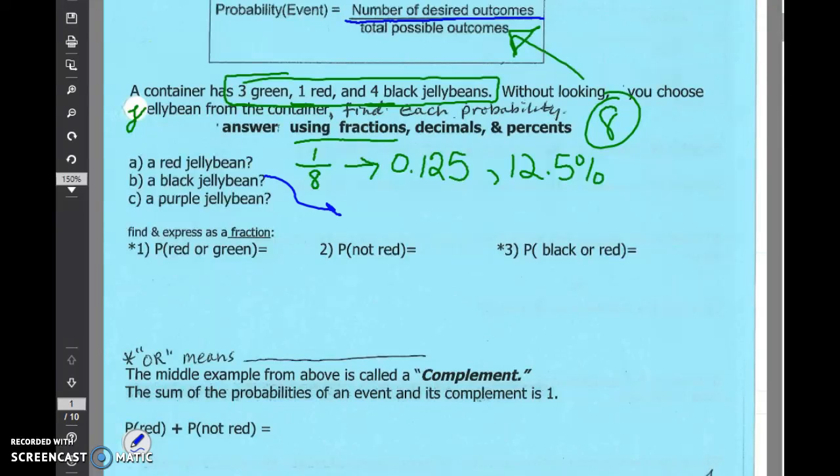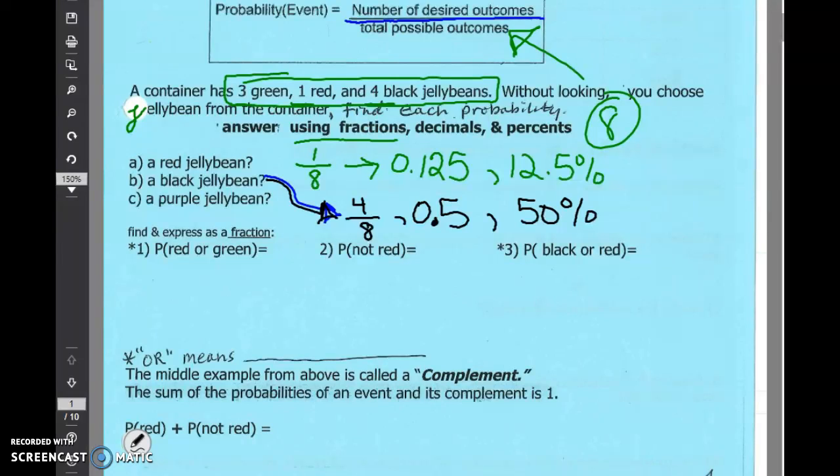For a black jelly bean, I should use a black marker. For a black jelly bean, there are 4 out of the 8 jelly beans that are black. It's not necessary to reduce your answers unless it says so in probability. Our decimal will be 0.5, and as a percent, our answer is 50%.